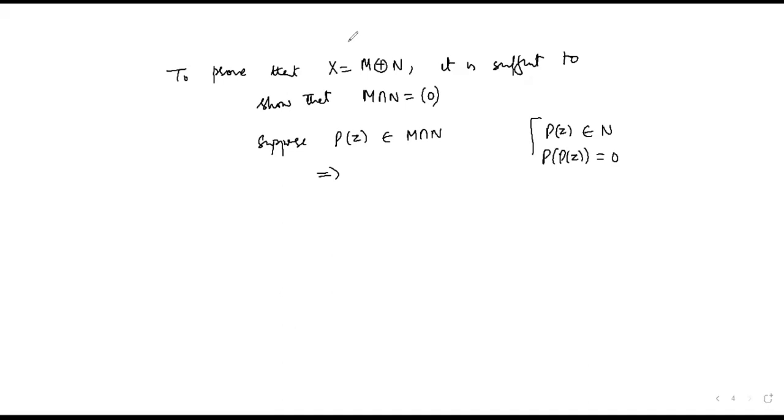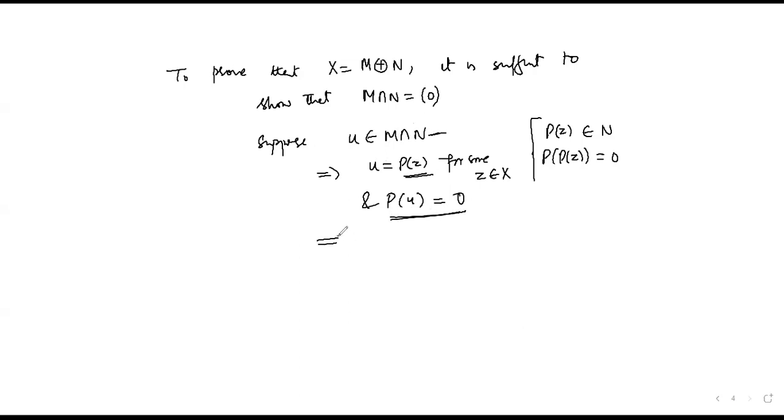I have to change the name a little just to make it clear. So let u belong to M intersection N. This means u is equal to P of z for some z belonging to X, and together with that P of u is equal to 0. Why? If u is in the range, it is P of z, and since it is in the kernel, P sends it to 0. It would imply that P of P of z is equal to 0, because P composition P is the same as P since it's a projection.